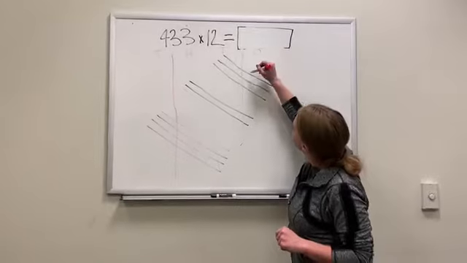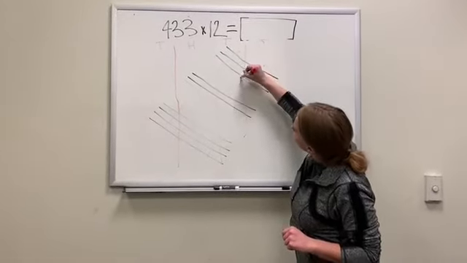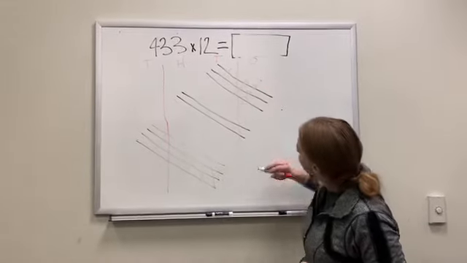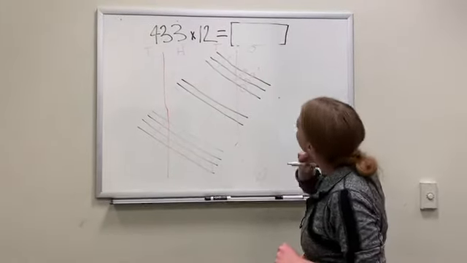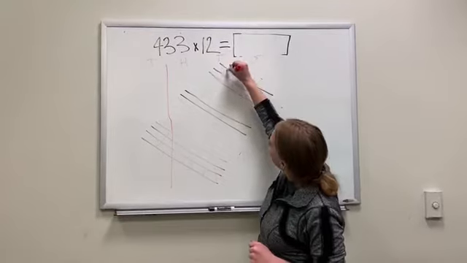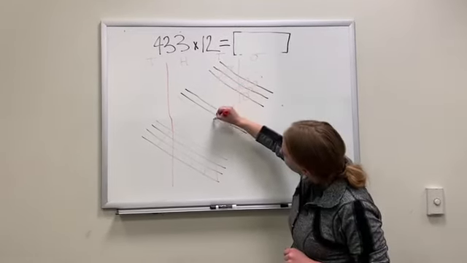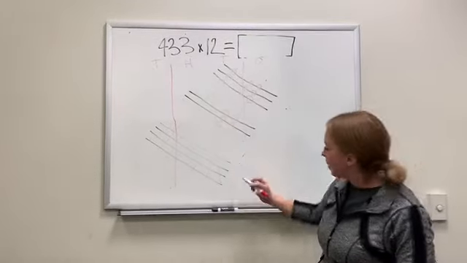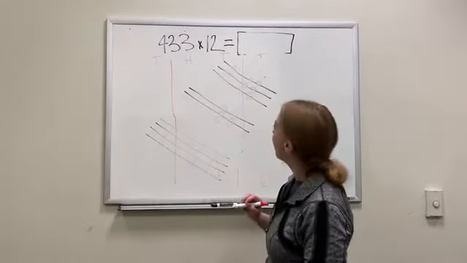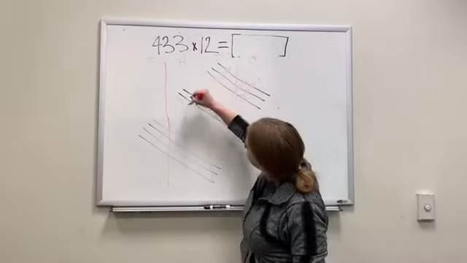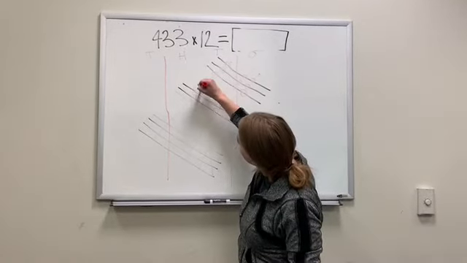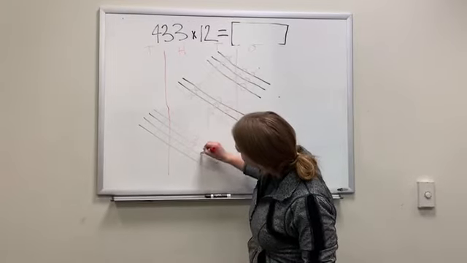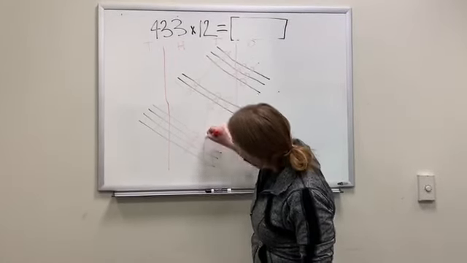So for this one, I didn't draw the line very well, but there's 1, 2, 3, 4, 5, 6 in the ones place value, and then 1, 2, 3, 4, 5, 6, 7, 8, 9 in the tens place value. And then for the hundreds, we have 1, 2, 3, 4, 5, 6, 7, 8, 9, 10, 11.